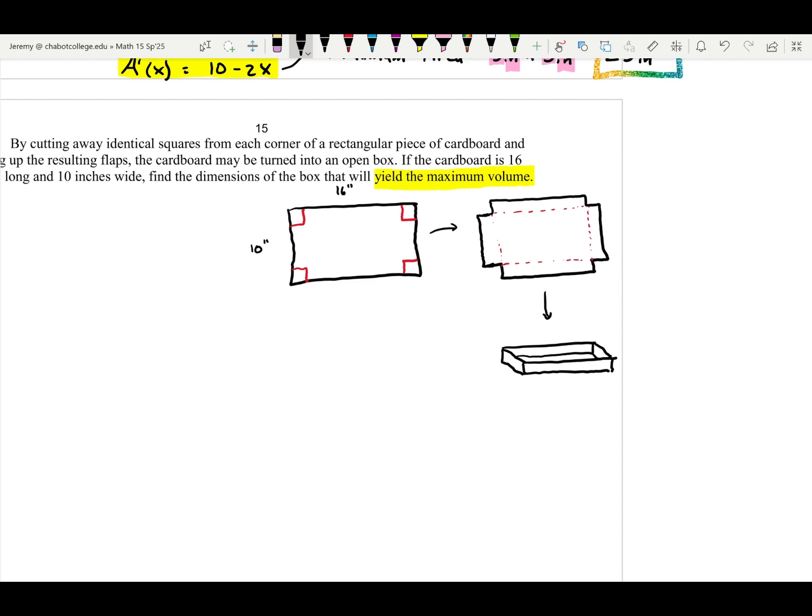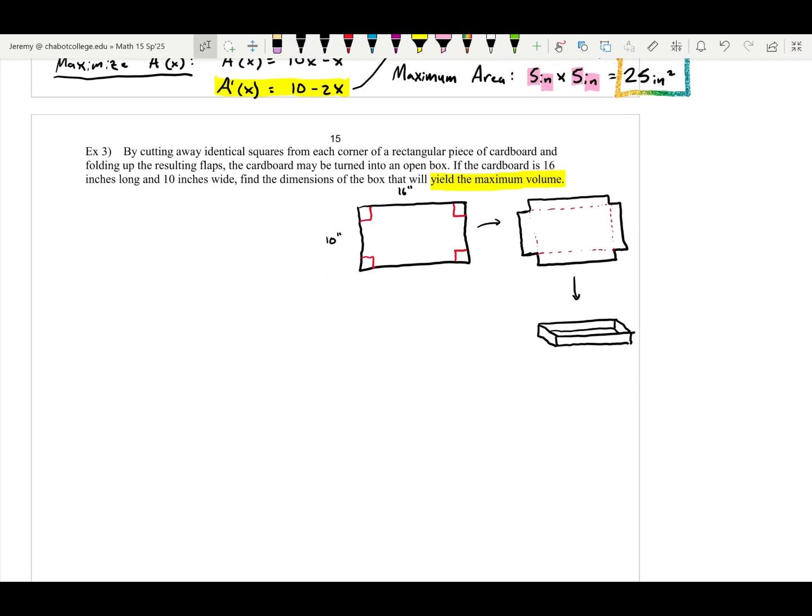Okay. So I hope that that's kind of clear what happens here. We cut out those squares, we have these resulting flaps, we fold up the flaps, and then we get an open top box that looks like this one.